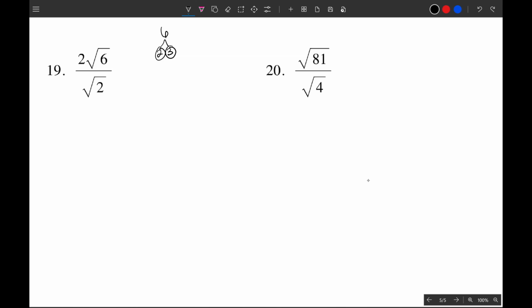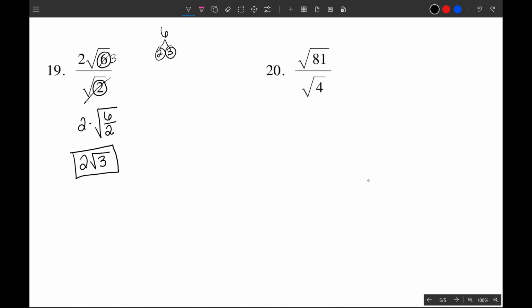So I can take this 6, since it's underneath this square root, and I can divide it by 2 because it's under the square root. So I really could think of it like this. 2 times the square root of 6 over 2, which would be 3. So this would be 2 times the square root of 3. You can also say 2 goes into 6 3 times and have your 2 square roots of 3 there. Either way, it works like that.